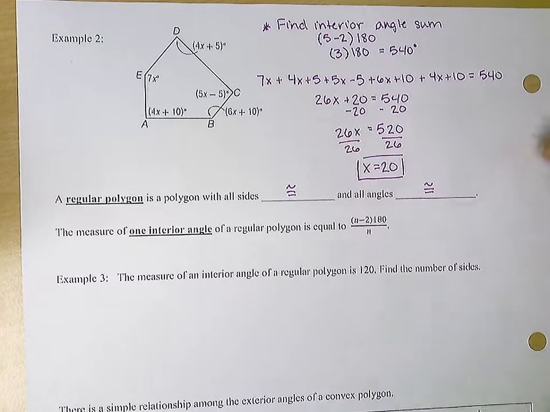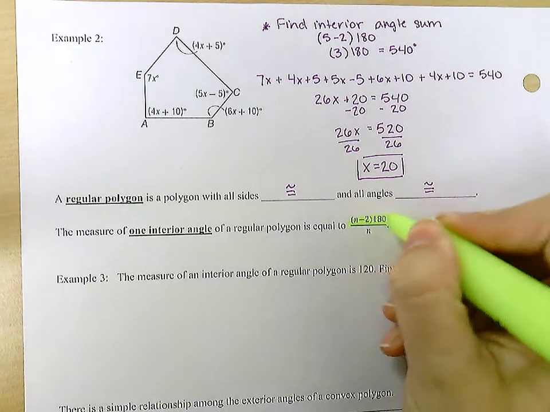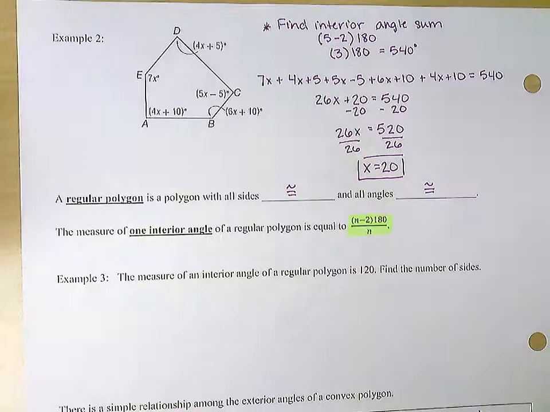So with that, if we have a regular polygon, we can find out what one interior angle is. The measure of one interior angle of a regular polygon is equal to n minus 2 times 180 divided by n. So this is your formula to find one interior angle.